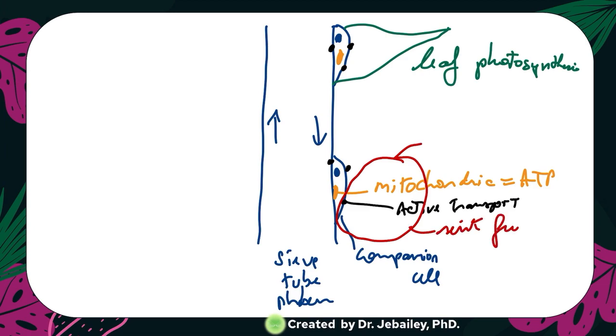So this can be a fruit or a root, right? And usually this is where the storage happens, where you hold on to all the sugar that's being produced from photosynthesis. So the leaf is producing that glucose and then eventually sucrose. I'm going to put all these dotted lines here in green to represent glucose or sucrose.